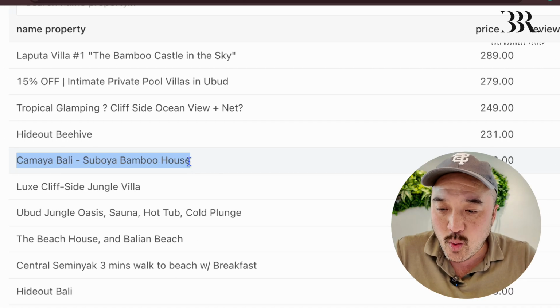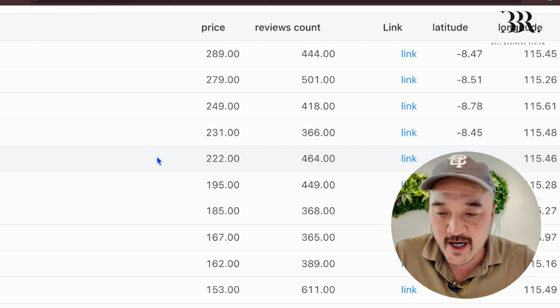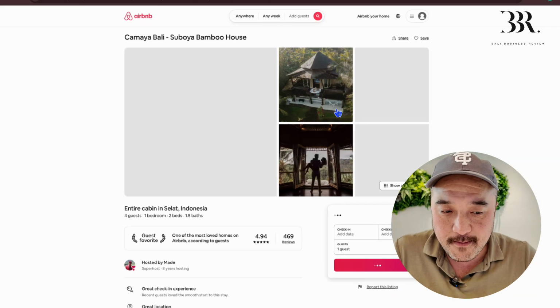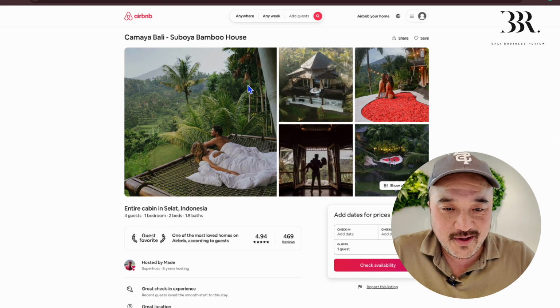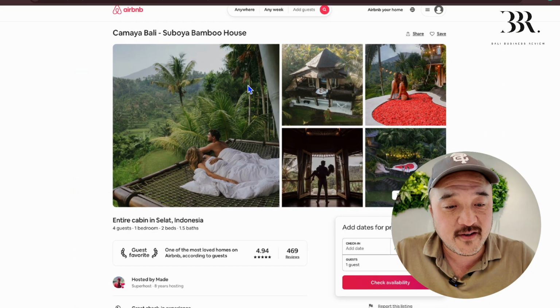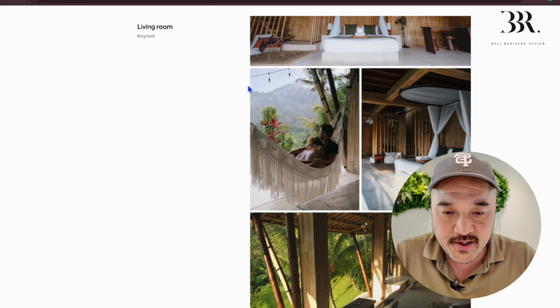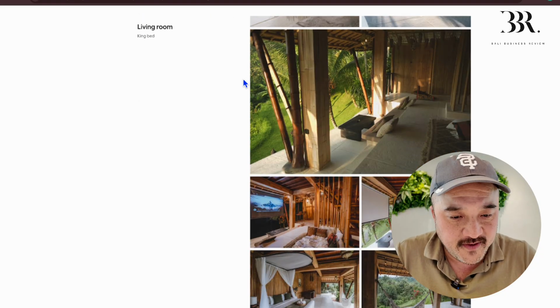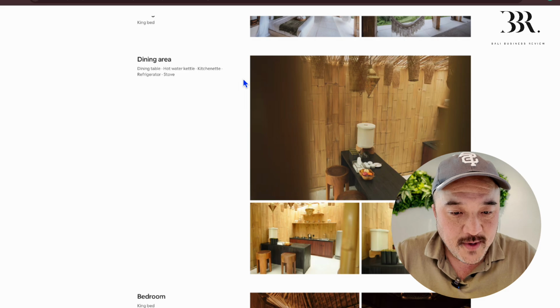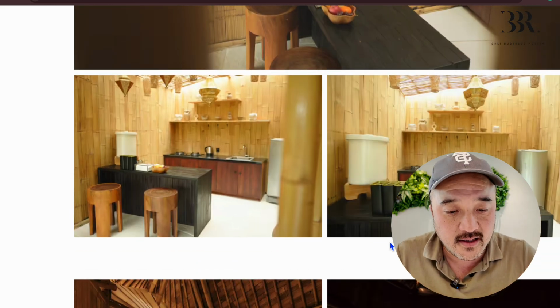Okay, let's go with one more, Kamaya Bali, and then we'll go on to the other metric. Kamaya Bali is Siboya Bamboo House. Okay, I don't think this needs to be spoken. You can see it's a very similar aesthetic and build to what we first initially saw. Tons of reviews, pretty high prices, bamboo architecture used throughout, natural organic lines.